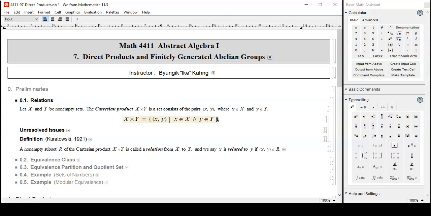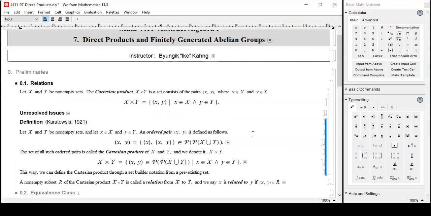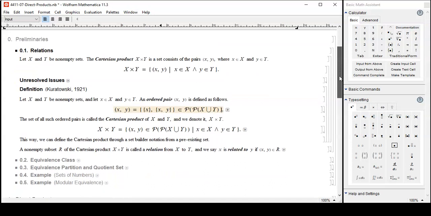A Cartesian product we want to define like this, but there's a bit of a problem. What's the starting set so that this Cartesian product is a subset of that set? If it is unclear, then this set builder notation is invalid. So how do we get that? We define an ordered pair like this using the set theory notation and the axioms of set theory.